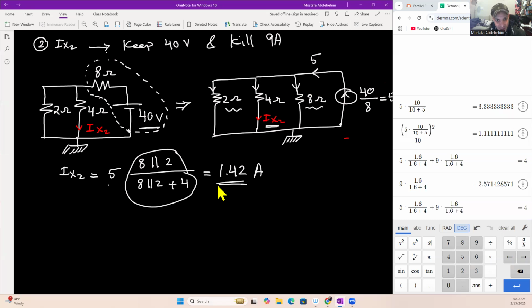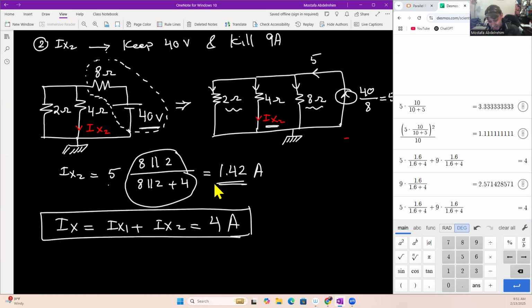Rounding is acceptable. Rounding is very acceptable. If we get like 3.95, it's very okay. But I use another trick so that you get exactly the same as the model answer. So ix equal to ix1 plus ix2. So that will be 4 amperes.